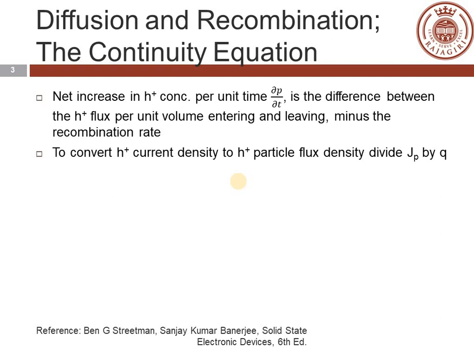To convert current density to hole particle flux density, we need to divide the hole current density by the charge plus q.